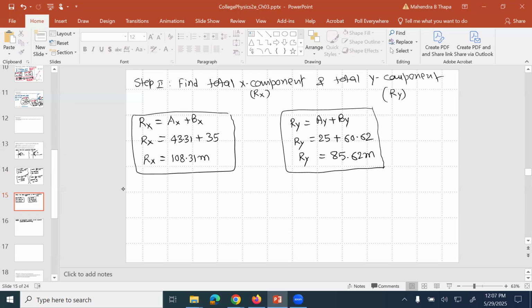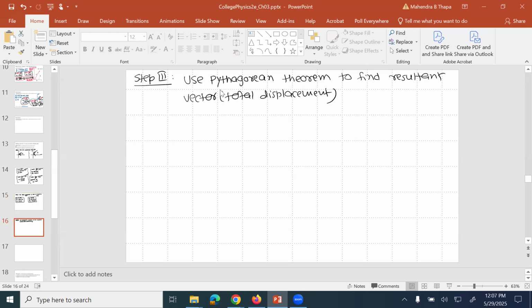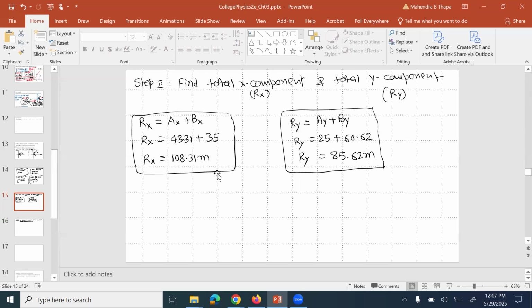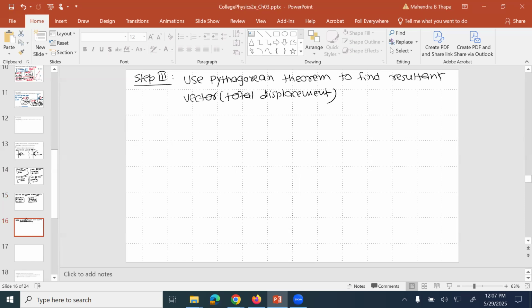The next step is to combine Rx and Ry. For that, I have to use the Pythagorean theorem as before. Both values Rx and Ry are positive, so we can draw like this. This is my x-axis, this is my y-axis. This is my Rx that represents the number 108.31.